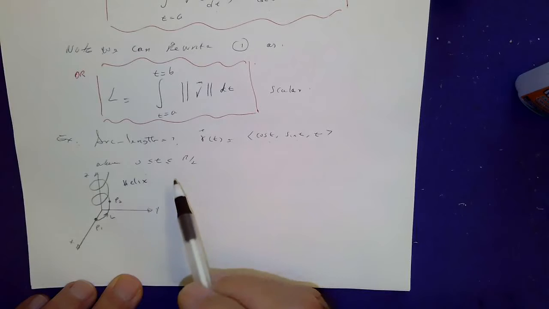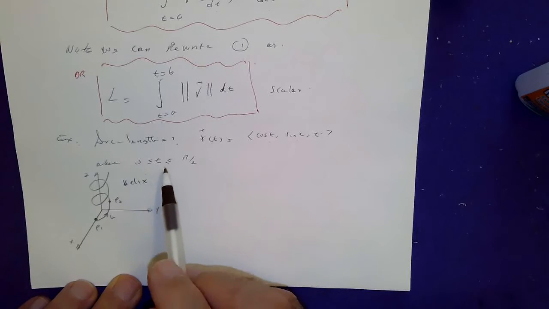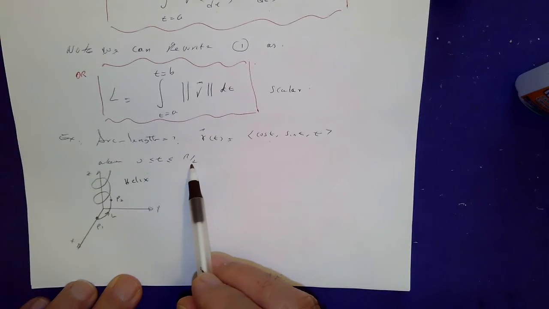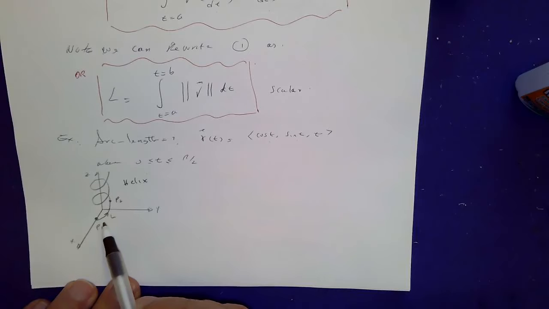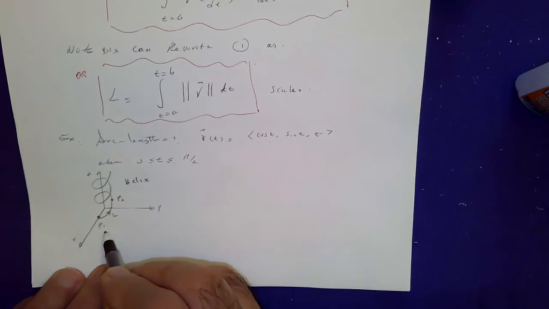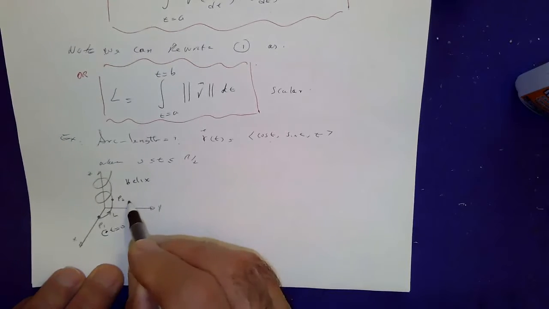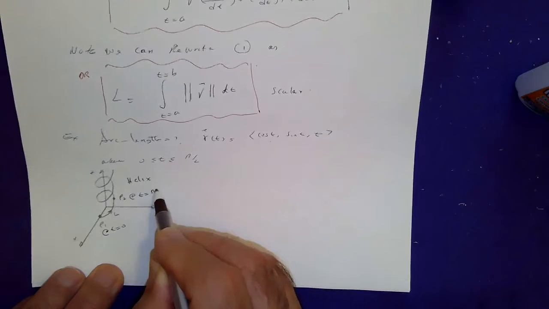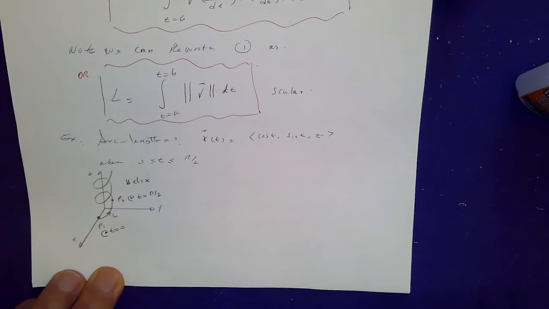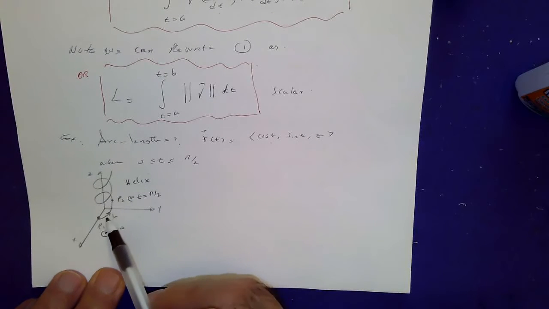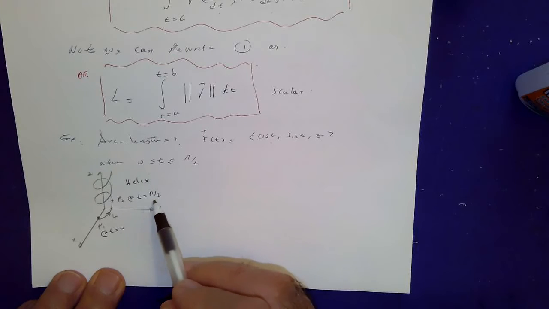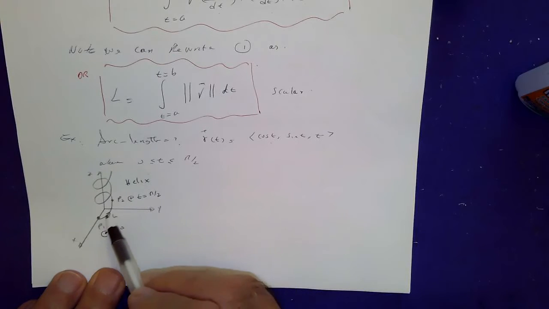Anyways, the point is, if you go from point P1 to point P2, let's say at this point t is equal to 0, at this point t is equal to pi over 2. In other words, the moving object has traveled on this helix from time 0 to pi over 2 seconds, this much.